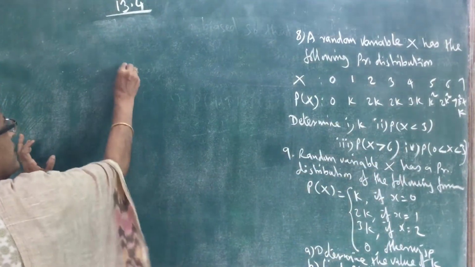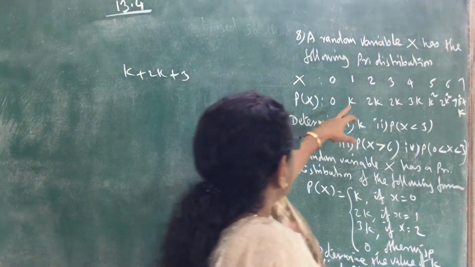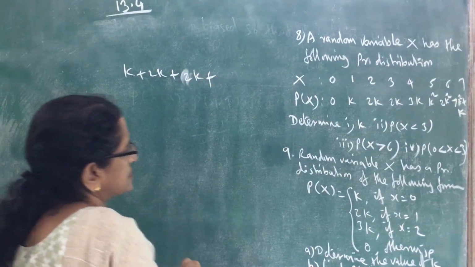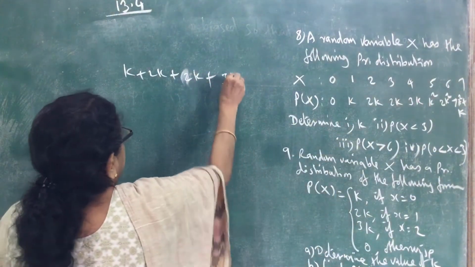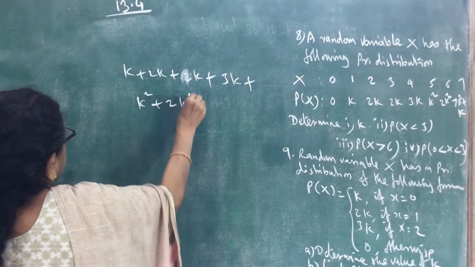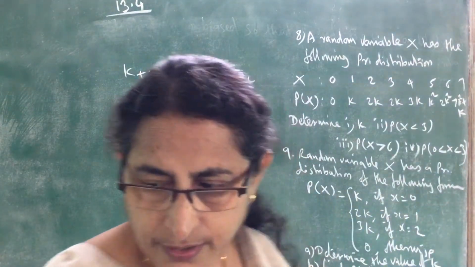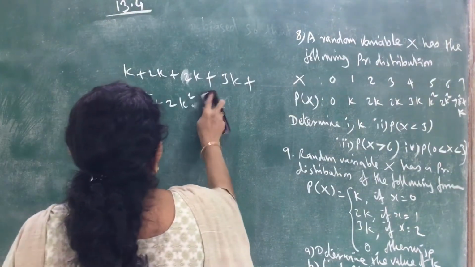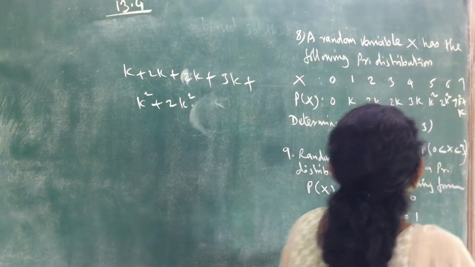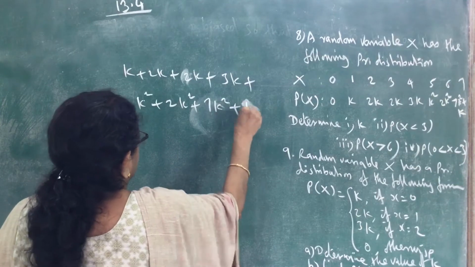So we get k, 2k, plus 3k, plus k square plus 2k square plus 7k square plus k equal to 1.